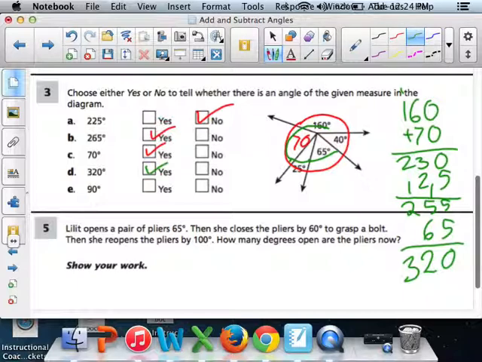How about 90? Is there a way to make 90 up here? How can I make 90? Chloe? You add 70 to 25. And then 70 plus 25 is 95.